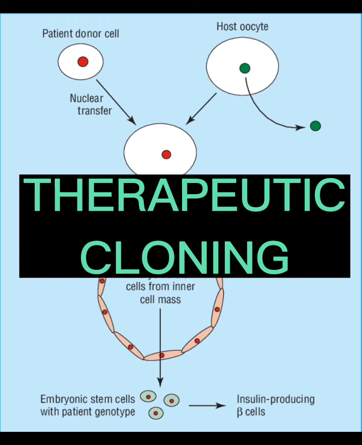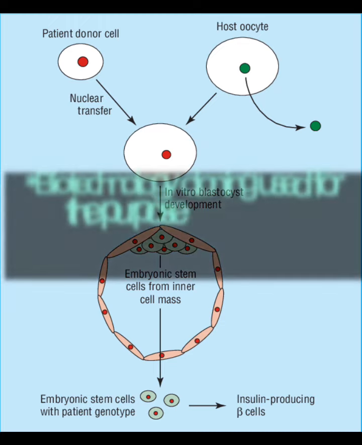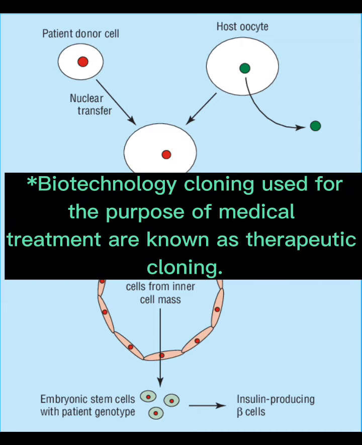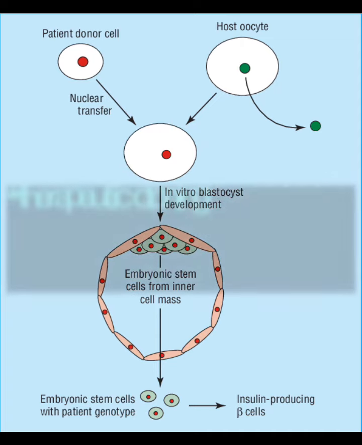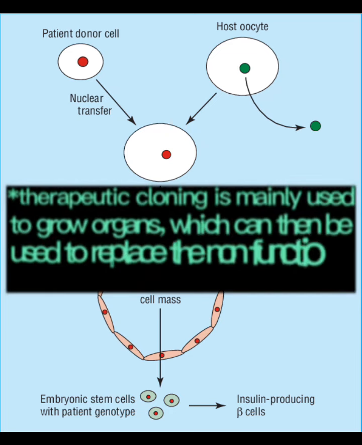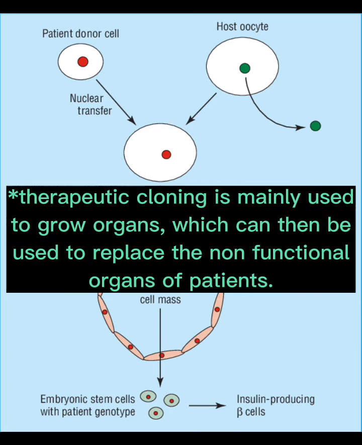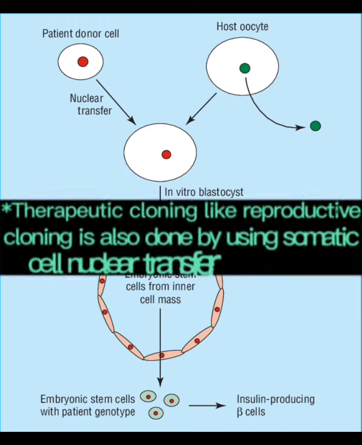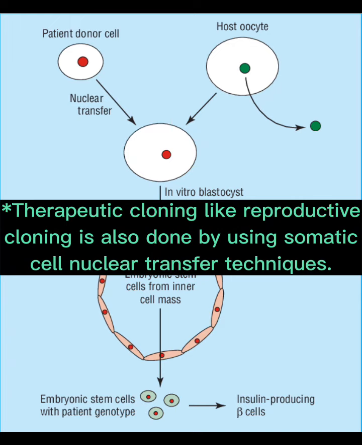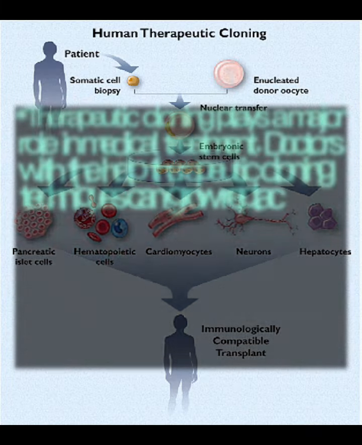Therapeutic cloning. Biotechnology cloning used for the purpose of medical treatment is known as therapeutic cloning. Therapeutic cloning is mainly used to grow organs which can then be used to replace the non-functional organs of patients. Therapeutic cloning, like reproductive cloning, is also done using somatic cell nuclear transfer techniques.